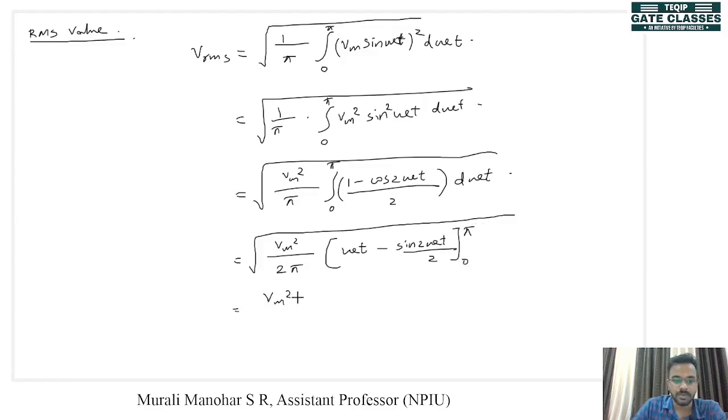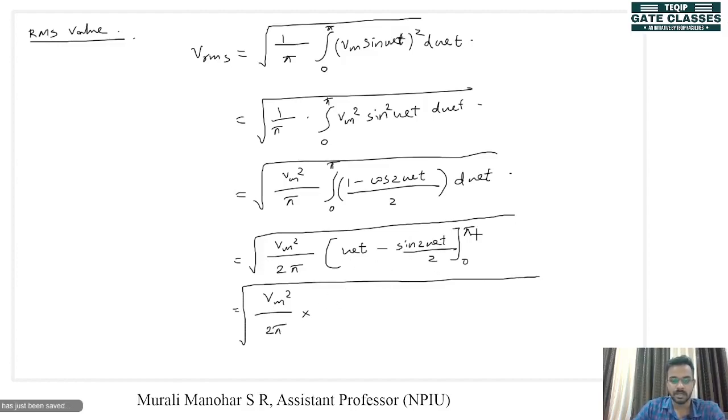So it becomes the root of Vm square by 2 pi into, I can apply the limits. When omega t is equal to pi, this becomes pi minus sin 2 pi, which is 0, then minus of omega t when omega t equals 0 is 0, minus sin 2 into 0, which is also 0.